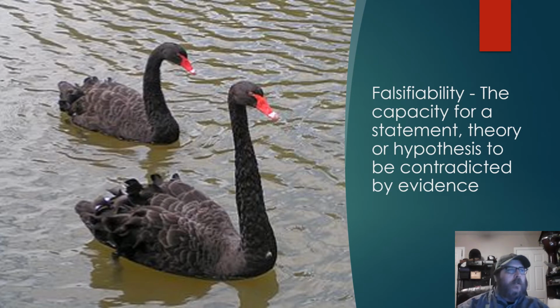Falsifiability: the capability for a statement, theory, or hypothesis to be contradicted by evidence. That's what we're talking about when we refer to process. There's a specific process, a certain number of steps we go through in the scientific methodology between the creation of a hypothesis and making sure that there is some type of test that has the capability to disprove that hypothesis.